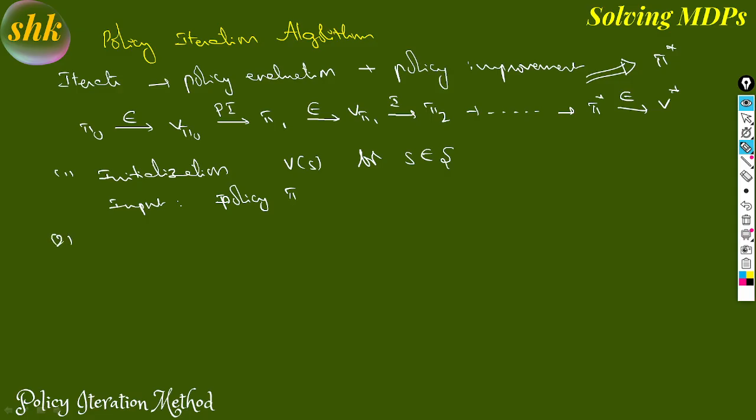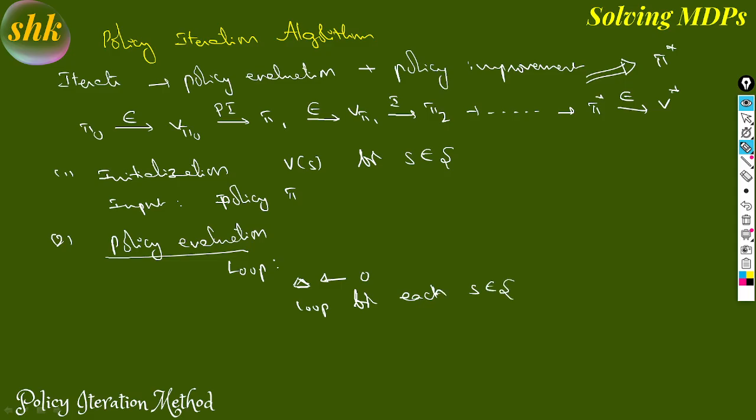The second step is policy evaluation. In policy evaluation, we loop. We take the initial change in two successive iterations as 0. Then we loop for each state S, which is a member of the state space S. We update the value of v of s: the old value is assigned to a local variable v.